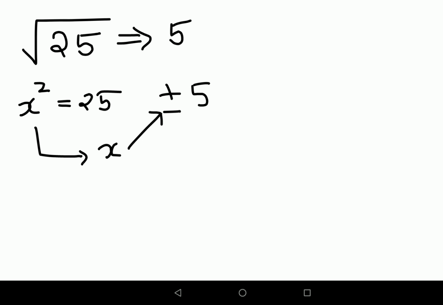But always remember, if you have a radical or square root of any given number, any constant, the answer will always be positive. Suppose this was 900, so this will be plus 30, not plus minus 30. That would be absolutely wrong. This is the only confusion why people got stuck.